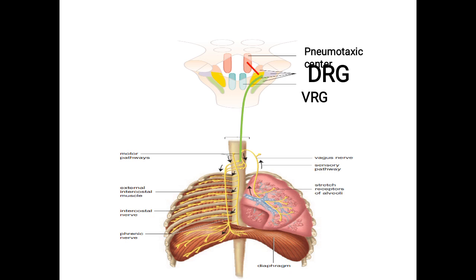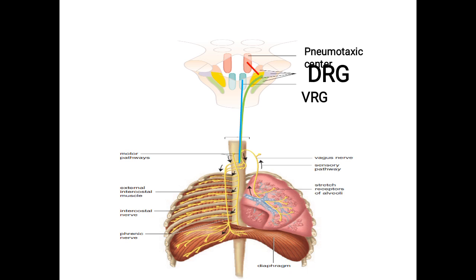We learned that VRG also supplies the same neurons, but it is inactive during quiet breathing. But it comes into action when we need extra breathing, where our accessory muscles of respiration come into action, both for inspiration as well as expiration. So they are helpful in forced breathing.